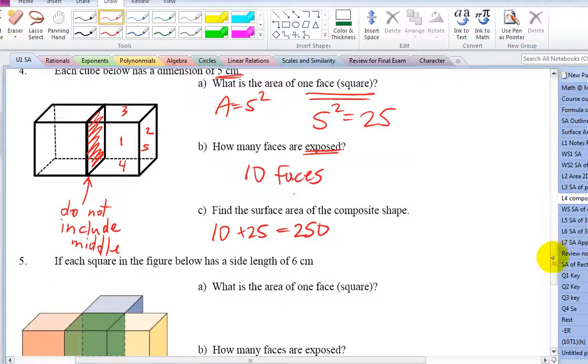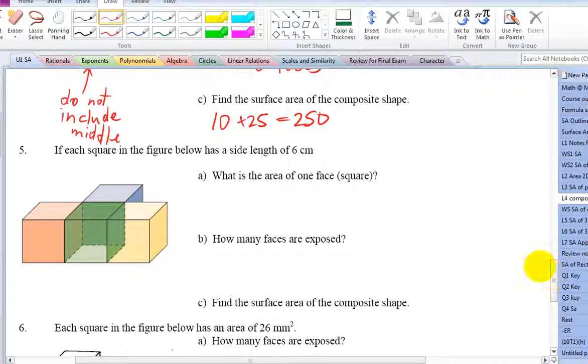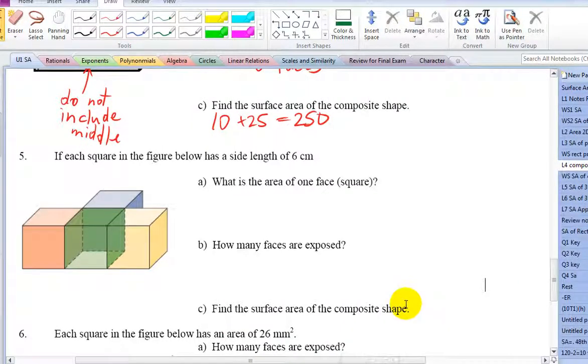Okay. Try it for the next one as well. Go. Okay, so if one face then would be 36, so 6 squared, which equals 36 centimeters squared. How many faces? Here we have 5. Here we have 1, 2, 3.